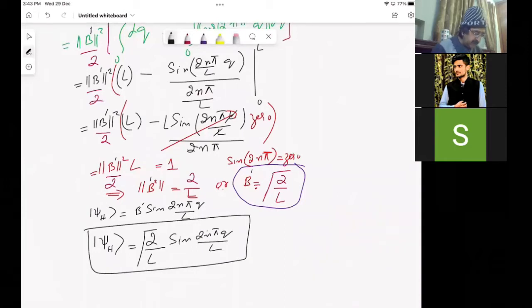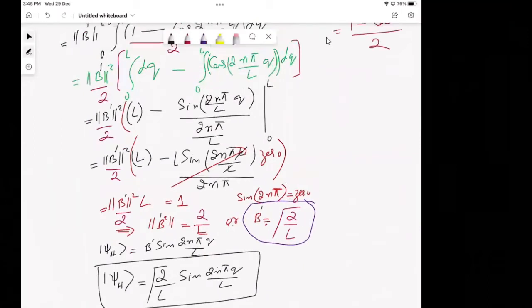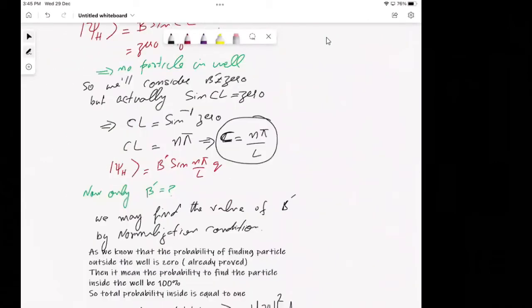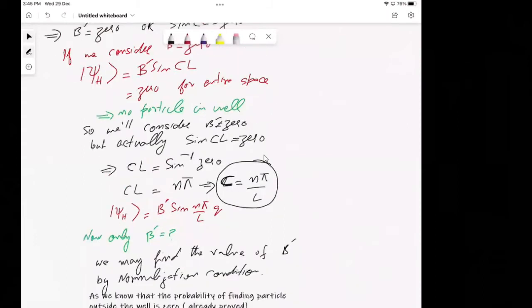What will be the energy? Now the question is, what will be the energy? From this relationship, c l equal to n pi.